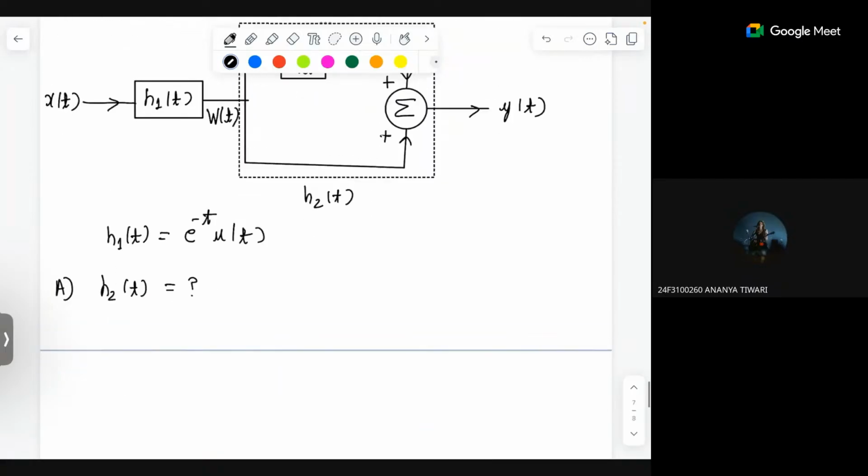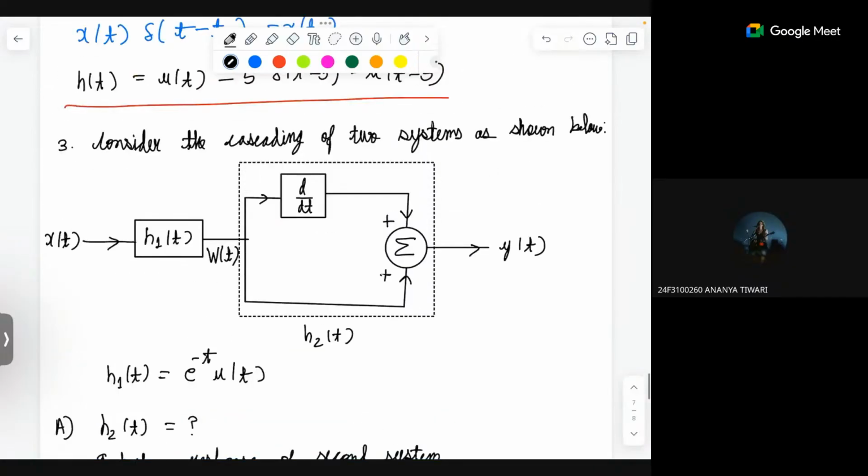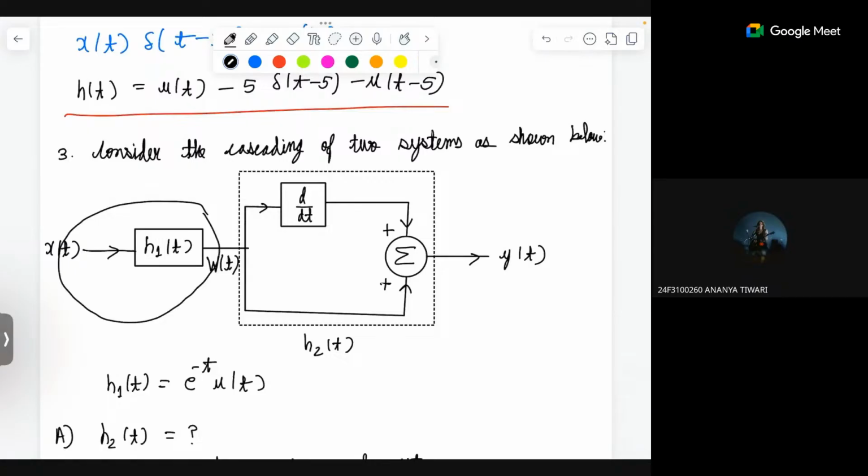You have to determine the impulse response of the second system. For the second system, I do not care what this is. It does not matter. When I'm finding the impulse response, what I need to see is that here I am applying impulse. When I apply impulse, what will I get here? Is the question clear? Okay, ma'am.